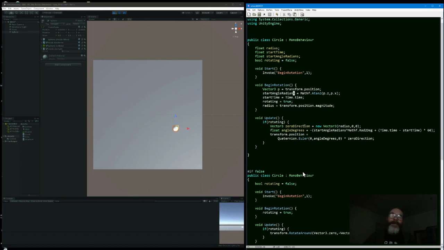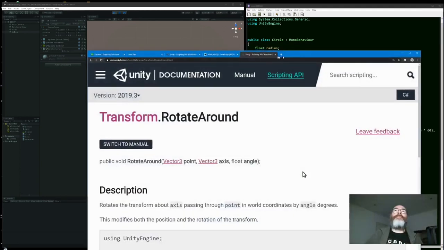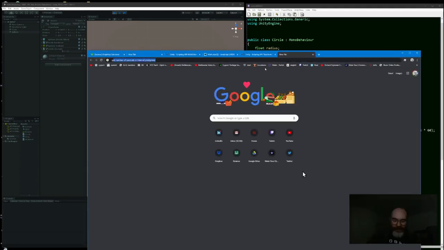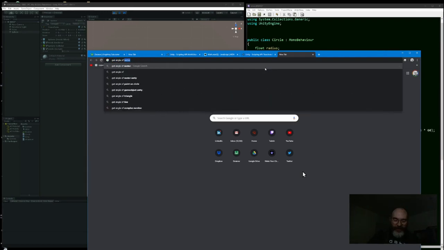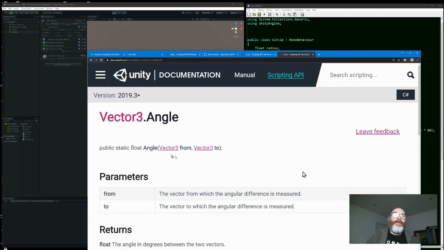There is, I think, a Unity function for getting the angle of a vector. I'm going to actually see now, because I'm curious. Get angle of vector in Unity. Vector3.Angle. It does the angle between two vectors.